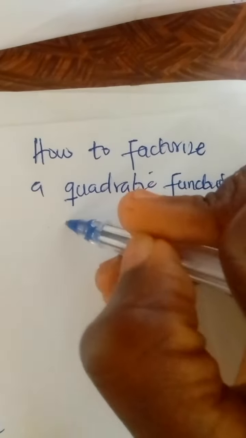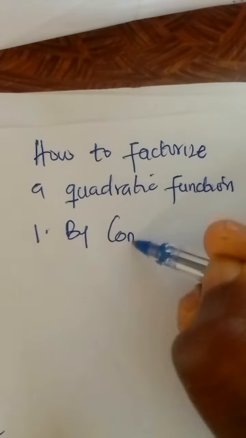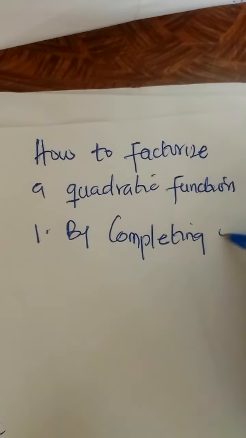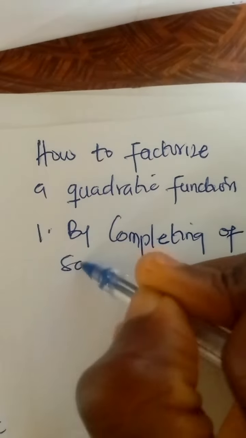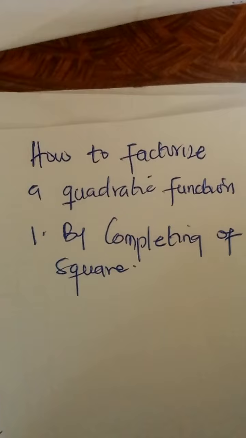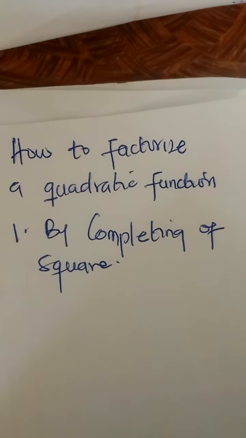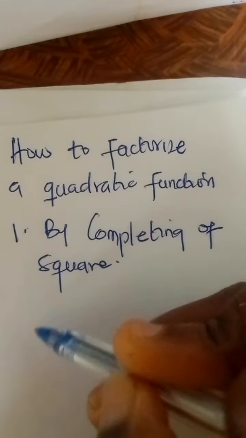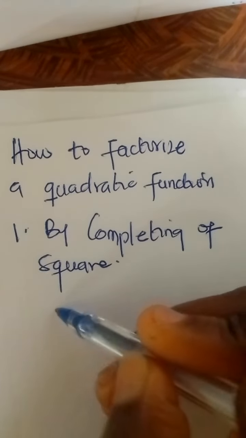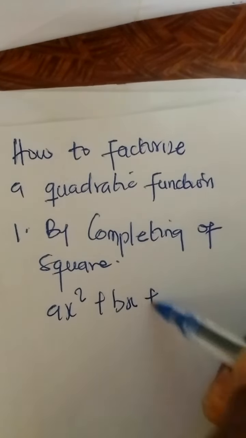So, one, by completing the square. Quoting our general quadratic function, we have ax squared plus bx plus c.